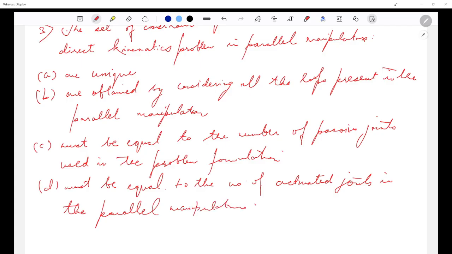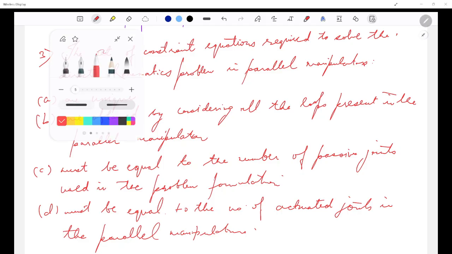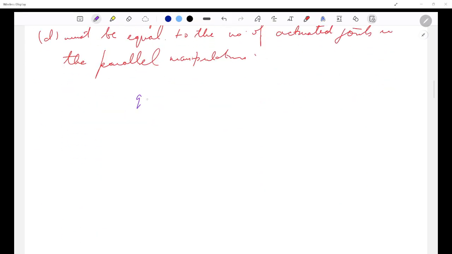Okay. So how many constraint equations are required to solve the direct kinematics problems in parallel manipulators? Let's check it. We already saw that we write the configuration as q, theta and phi, where theta is the actuated joint and phi is the passive joint, right? In direct kinematics, theta is given.